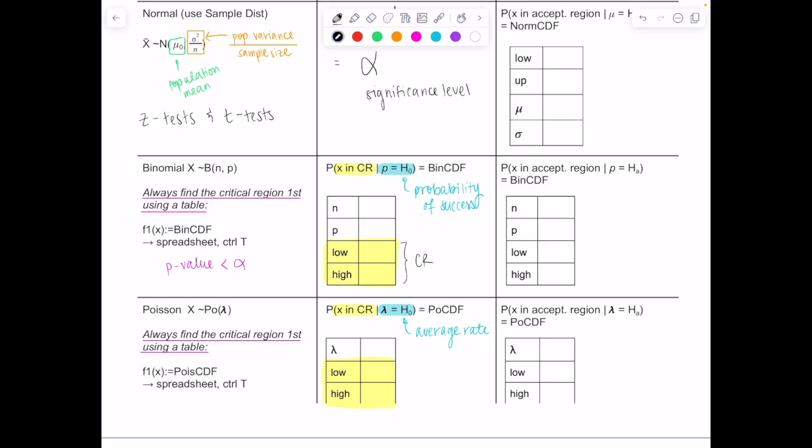So this is your critical region. You'll have your critical value as one of your bounds, and then your other will either be 0 or it will be a large number, depending on your alternate hypothesis. The value that you're putting in for your probability of success in a binomial distribution is the value in your null hypothesis. And for a Poisson distribution, it is also from your null hypothesis.